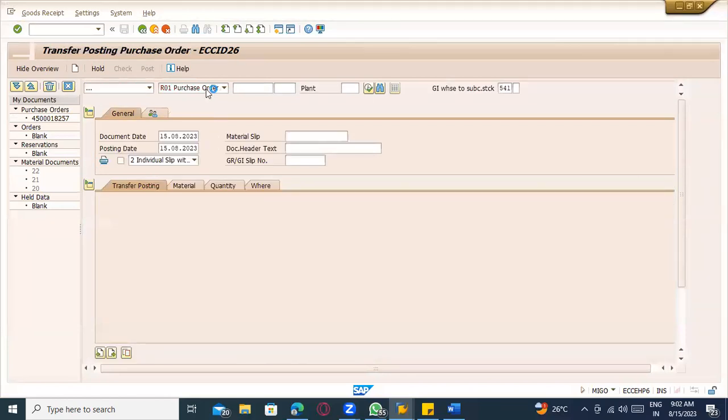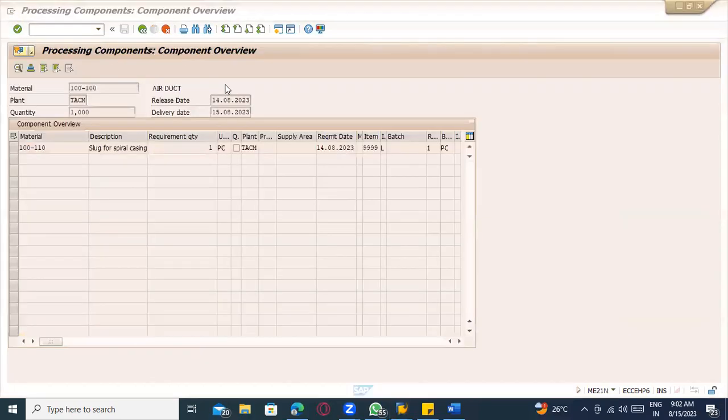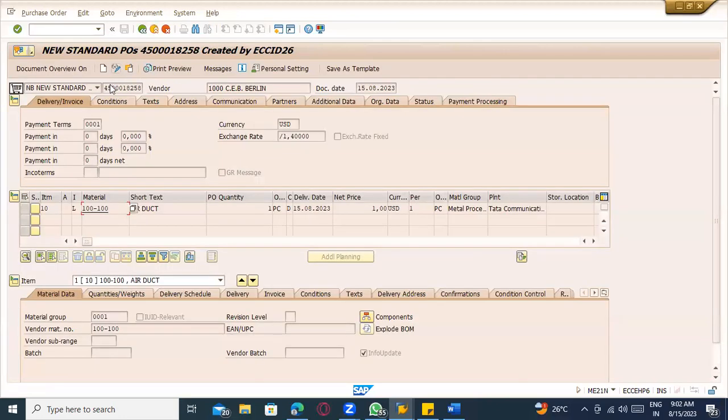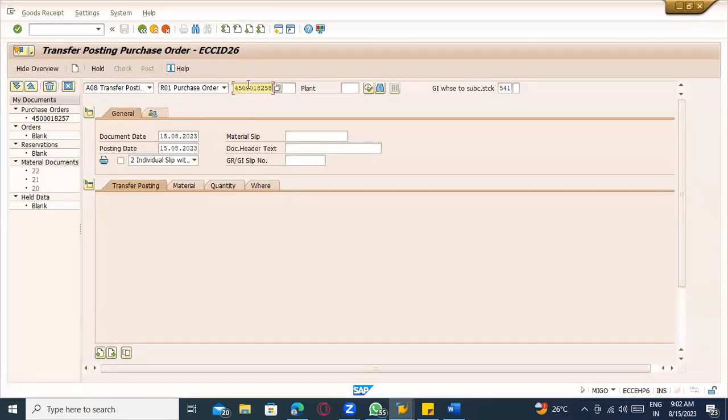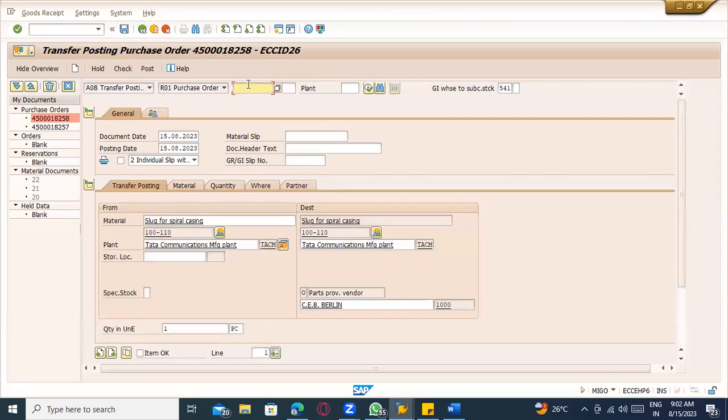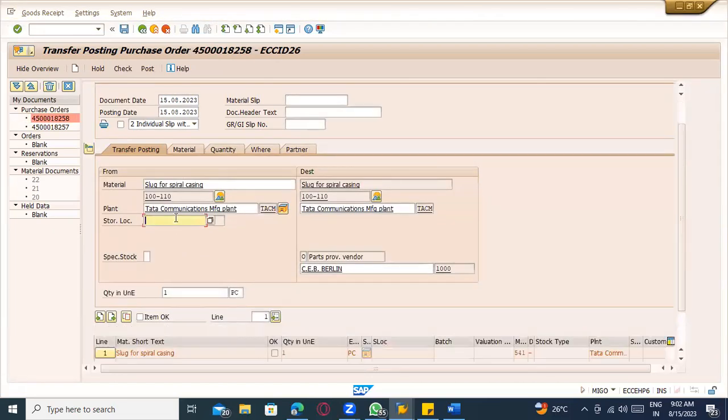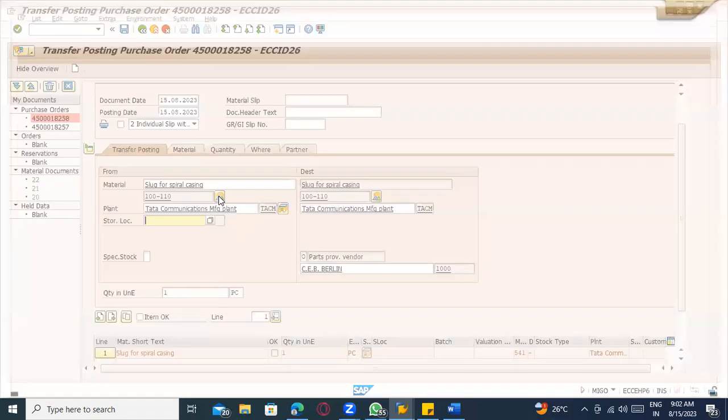Then you can refer to the purchase order number, because it has all the information about what components are needed. You can copy these components and enter them here. Then check which storage location the stock is available in and how much stock is available. I click on stock overview.